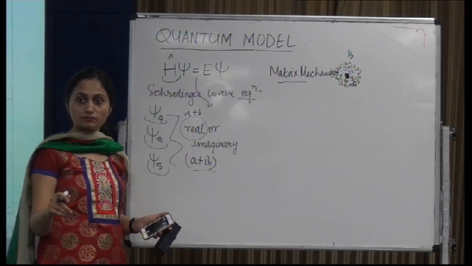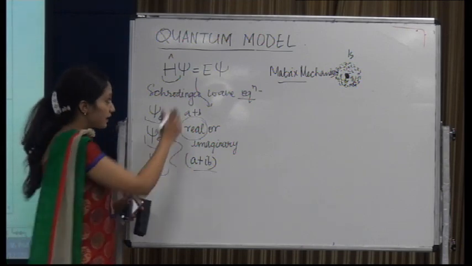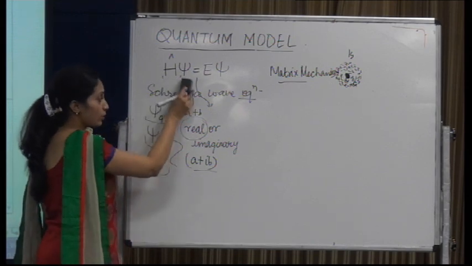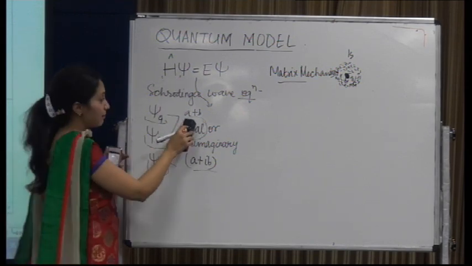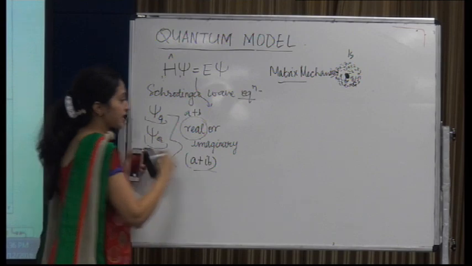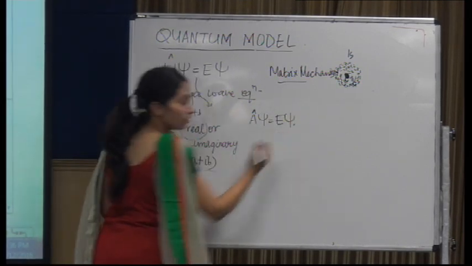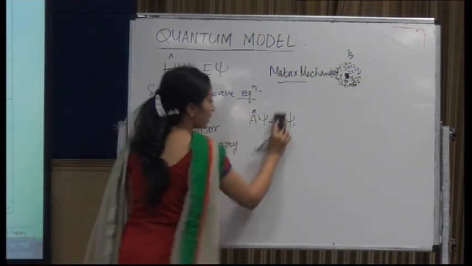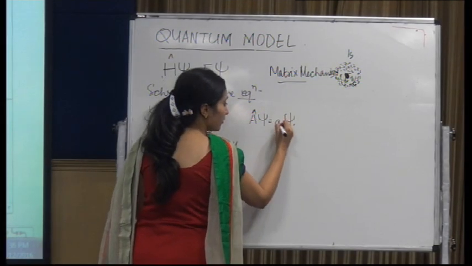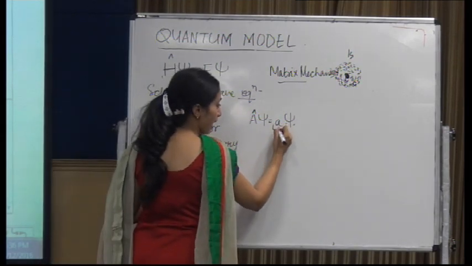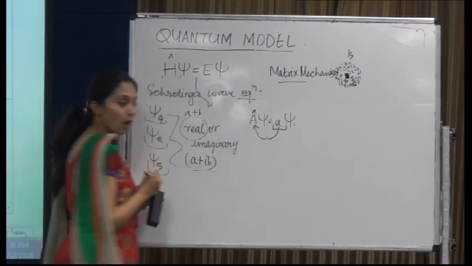And this energy value, I'll just come back to it. Now I took an example of some operator A acting on psi equals E psi. I stated that whatever value you are getting back will belong to your operator.